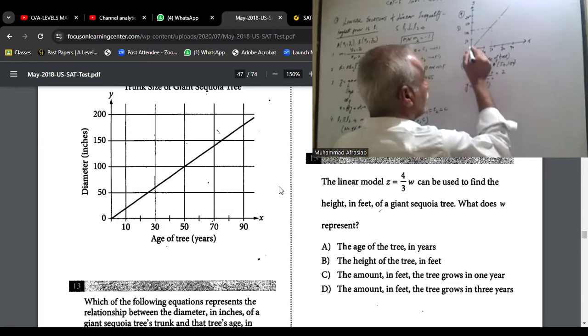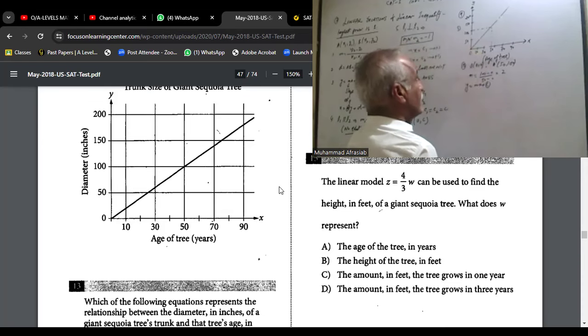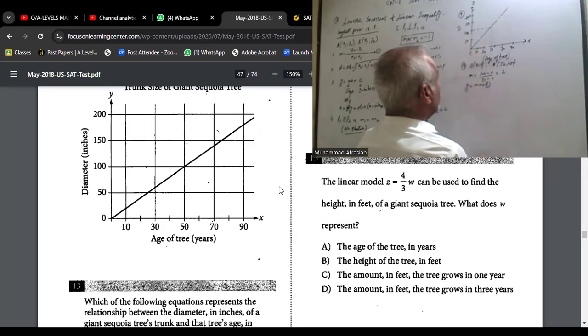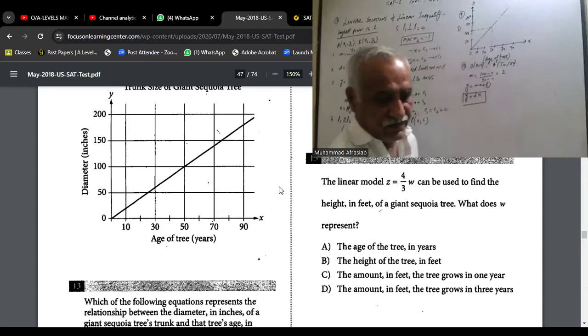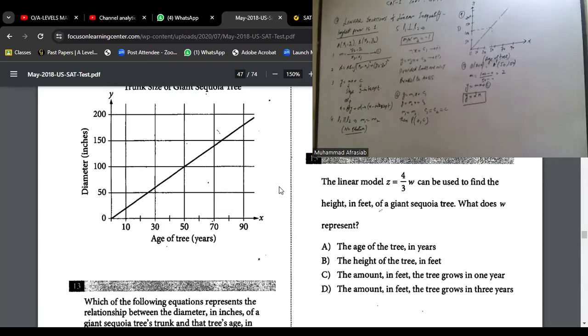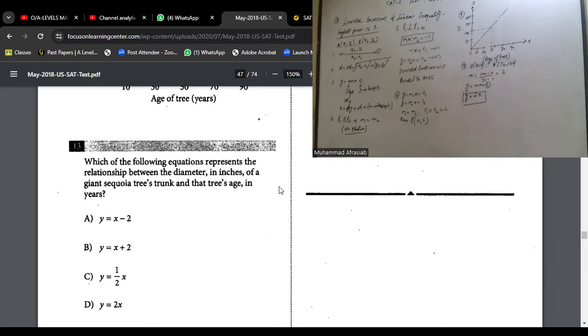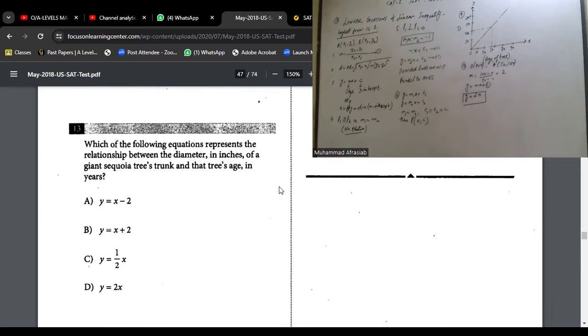Since this graph does not cut the y-axis except at the origin, c is equal to 0. So y is equal to 2x is the relationship between the age and the diameter, which is the answer of this question. D is the answer.